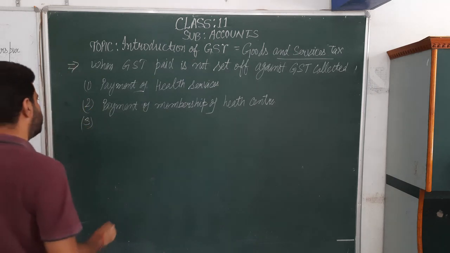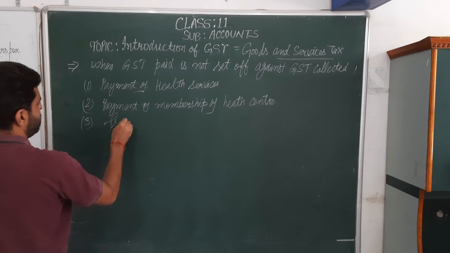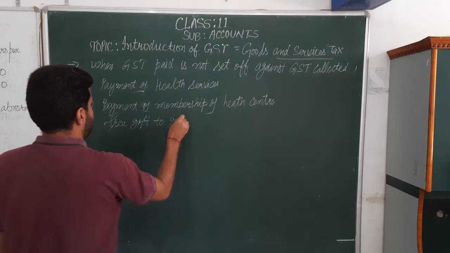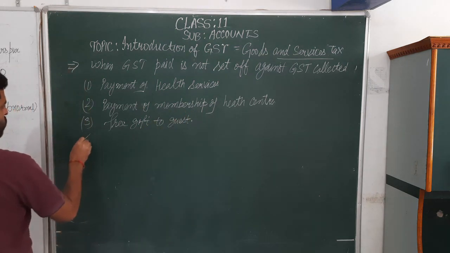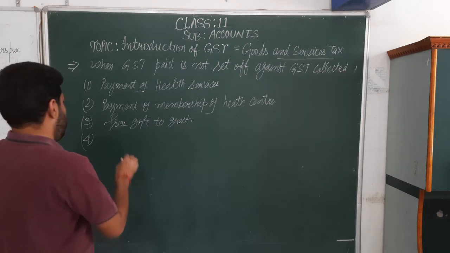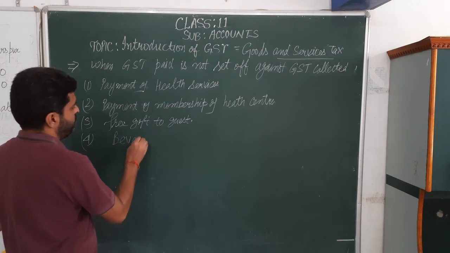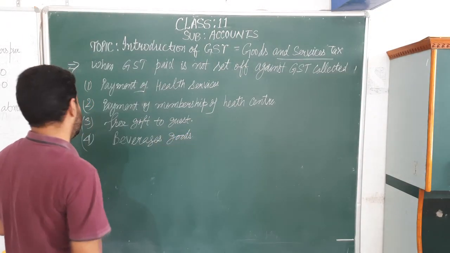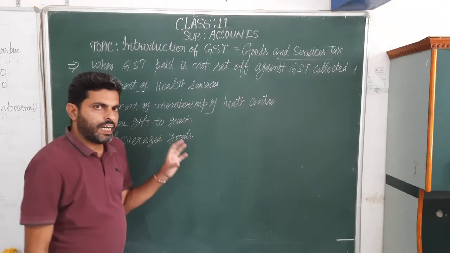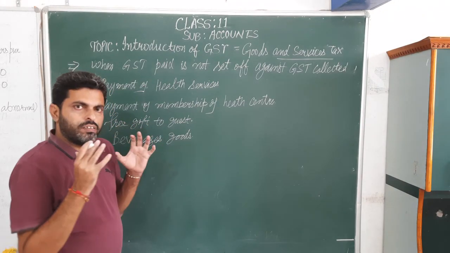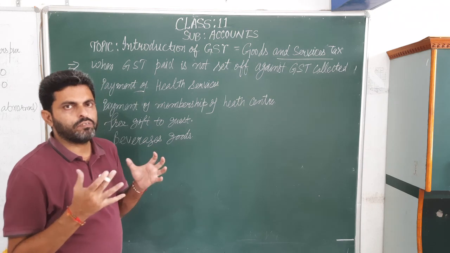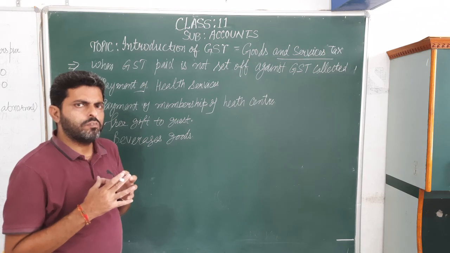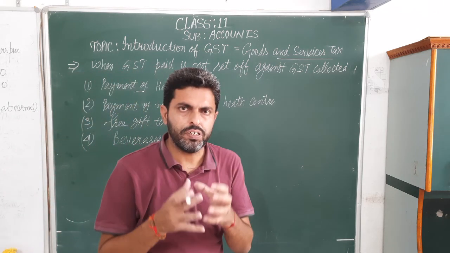Third, free gift to guest. Fourth, retail goods. These are the main items when GST paid is not set off against GST collected.